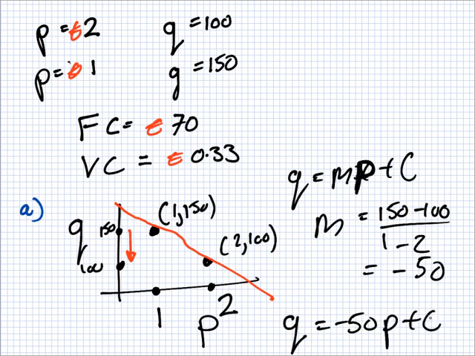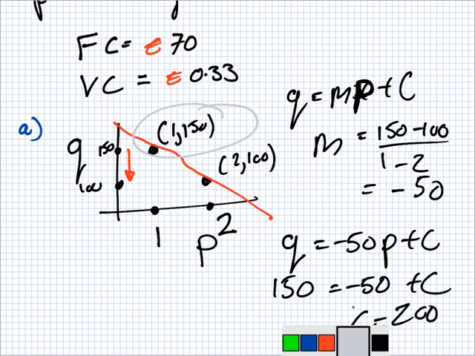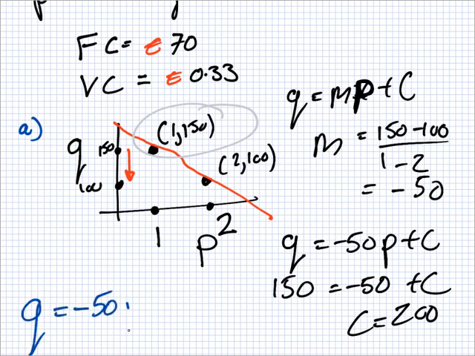How can I get the c? Sub in a point. Let's sub in this one. So I get 150 equals minus 50 plus c. What's c? 200. So I have my first answer: Q equals minus 50P plus 200.